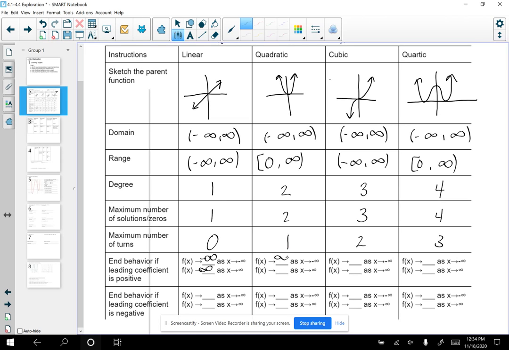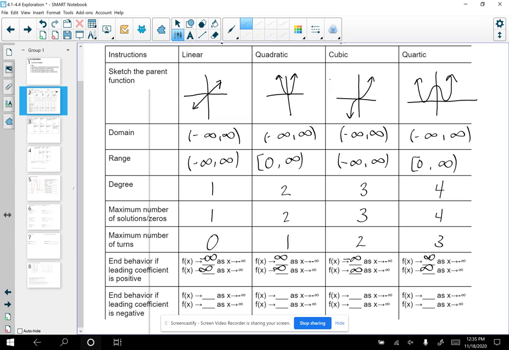Quadratic, remember, even functions are going to have the same end behavior, both pointed up. And then cubic, odd degree, so it's going to be opposite. As x goes to negative infinity, f of x goes to negative infinity, and as x goes to positive infinity, it also goes to positive infinity. And similarly, quartic would have the same end behavior as quadratic.